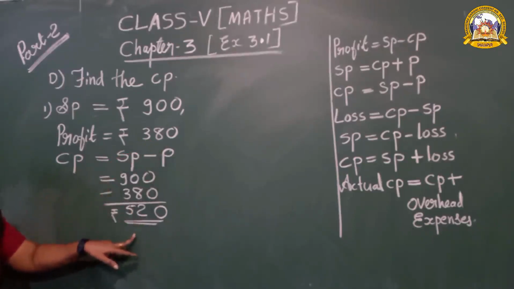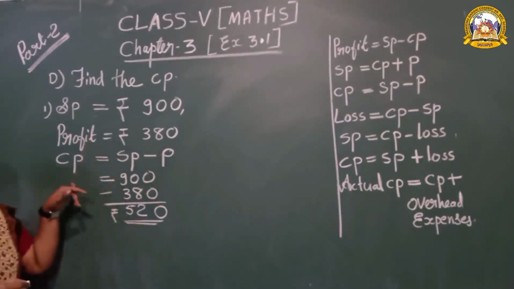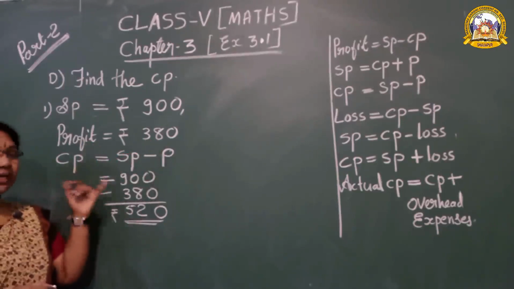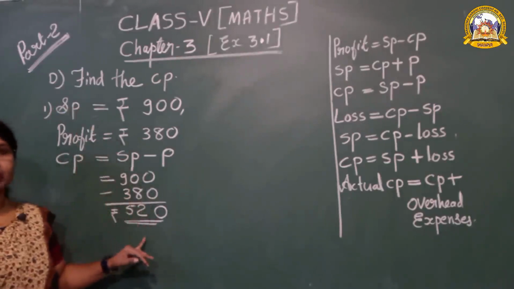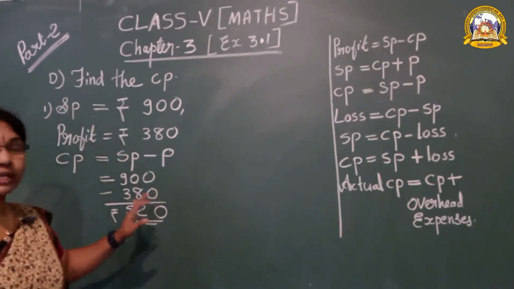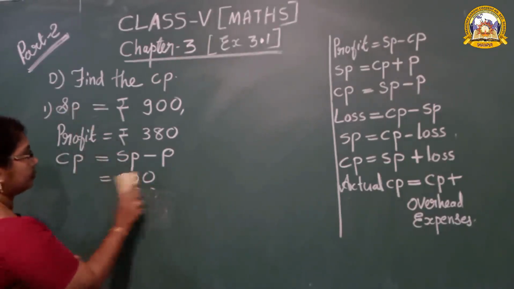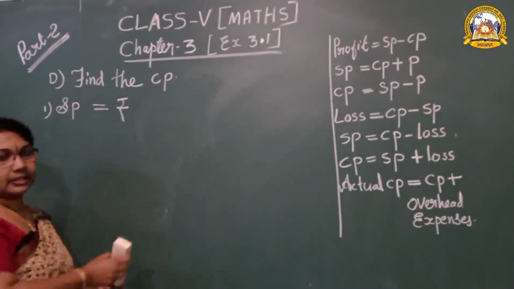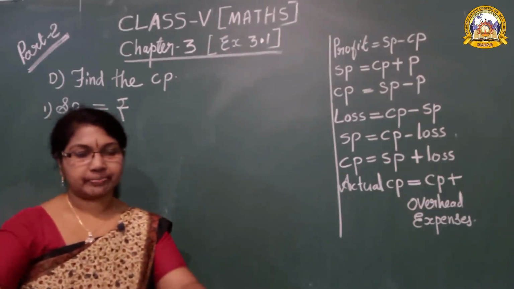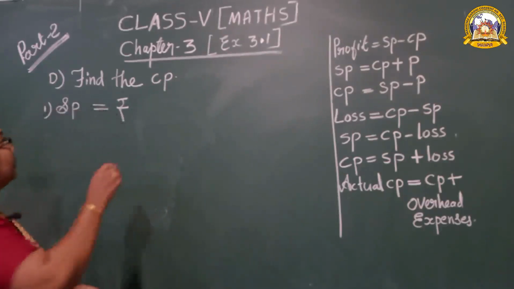In the previous class we studied how to find out selling price when cost price and profit are given. Now I will show you when there is loss. One more question. Look at the third question. SP is given.